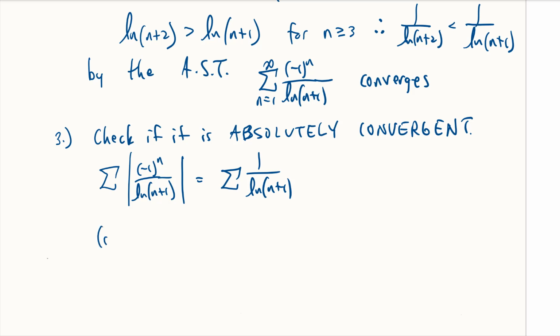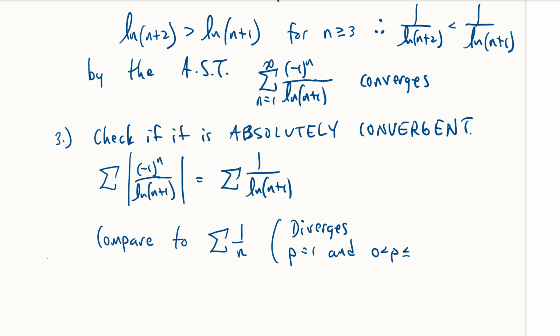Let's try it. Let's compare to our favorite divergent series, 1 over n, the harmonic series. So it diverges, since p equals 1, and any p-value between 0 and 1, equal to 1, implies divergence.